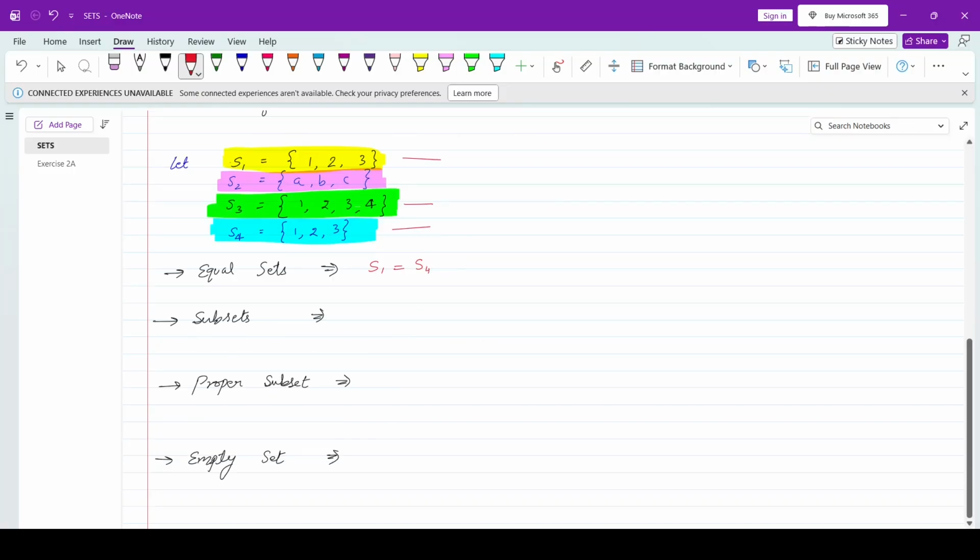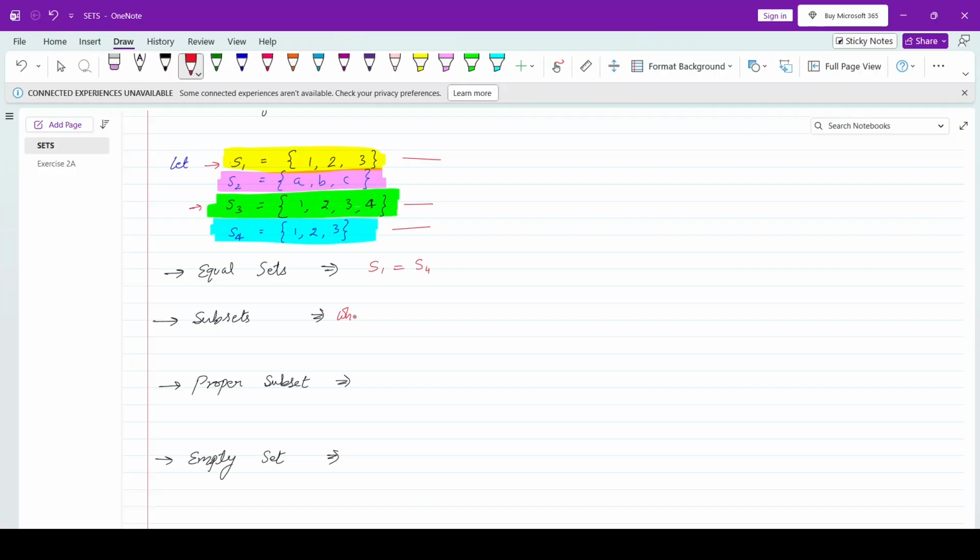What are subsets? Subsets are those sets which are part of a bigger set. So for example, if we take S1 and S3, we know each element of S1 is present in S3.